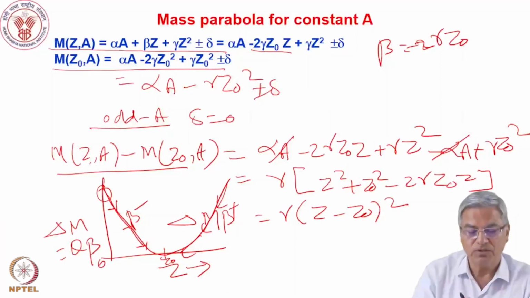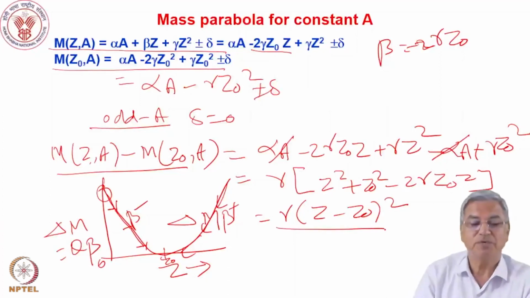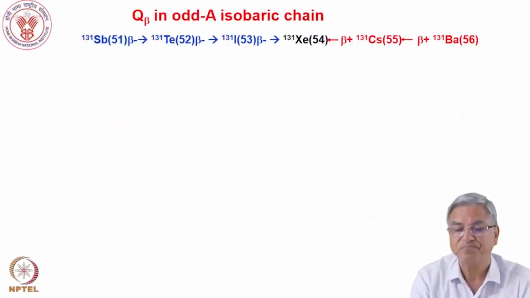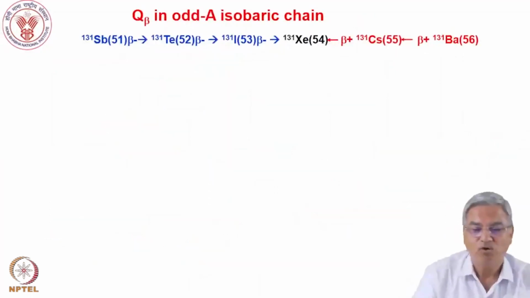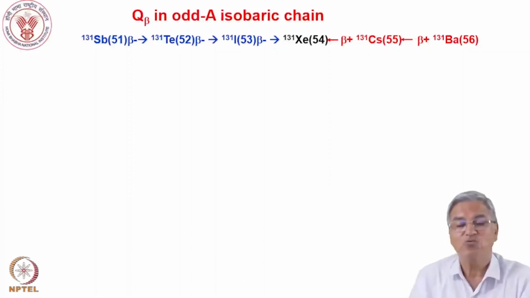So this is what we mean by the mass parabola, and from this formula we can find out the systematics of beta decay. Let us see, for an odd A isobaric chain, how we can derive the Q beta.